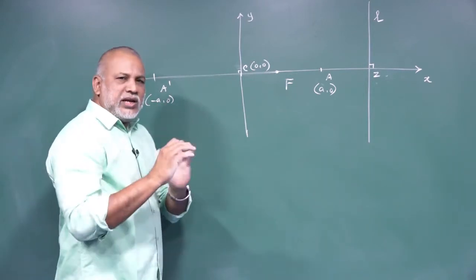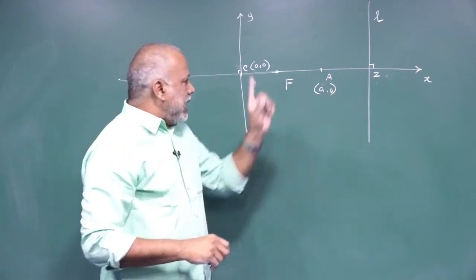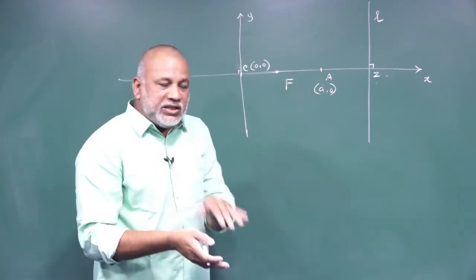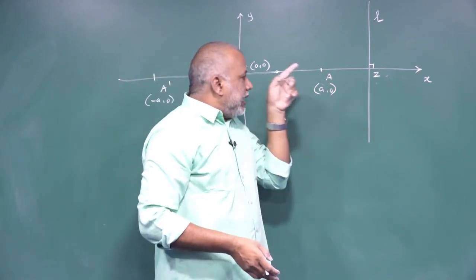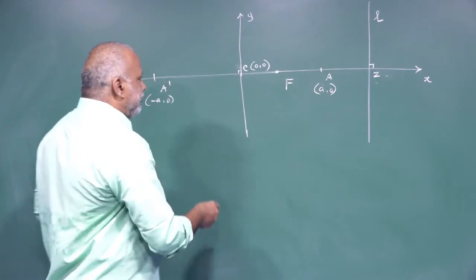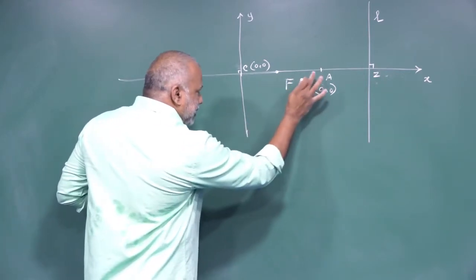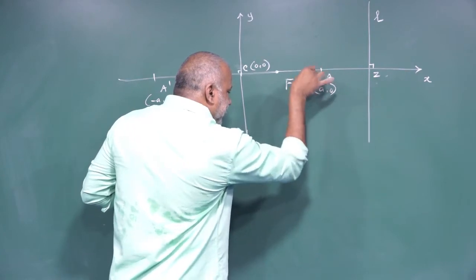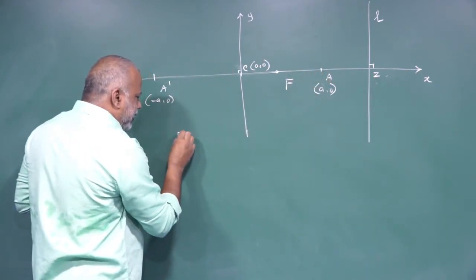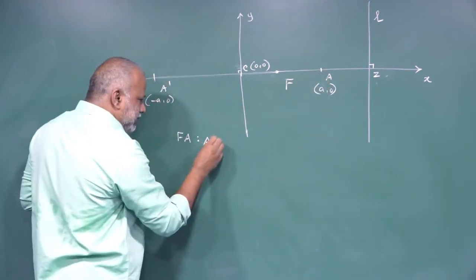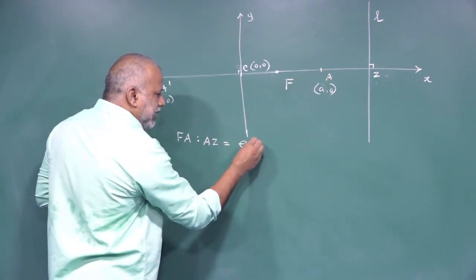Now, initially I am explaining one concept. A and A dash are any 2 points which divide FZ internally and externally in the ratio e is to 1. Now listen, this point A divides this distance FZ internally. Therefore, I can say FA ratio AZ equals e is to 1.